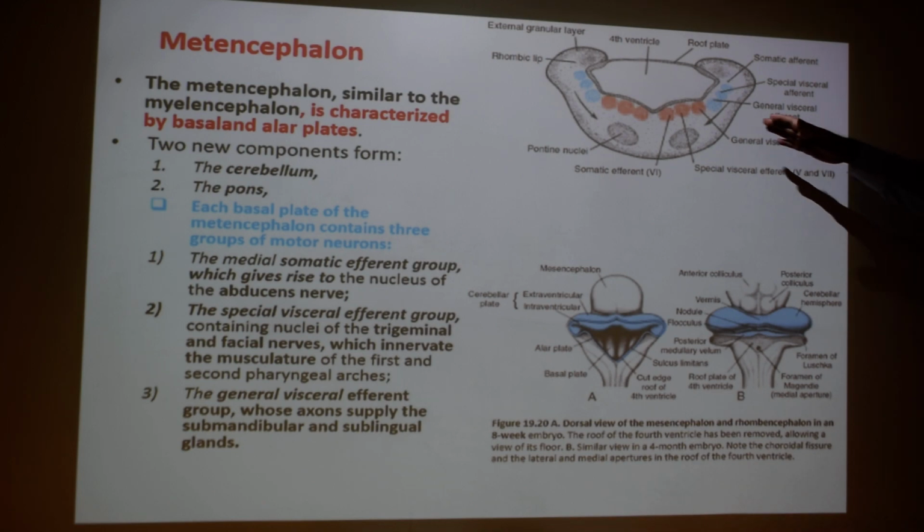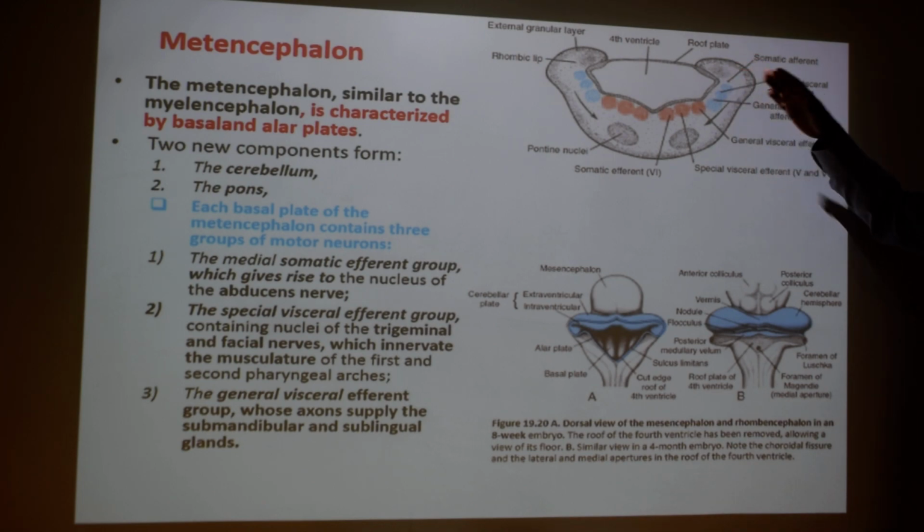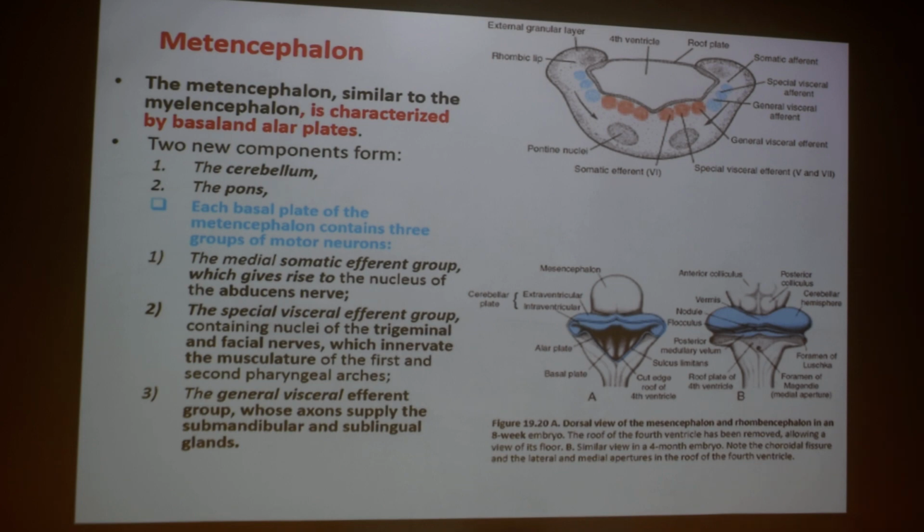And then you have the alar plate. Alar plate has the general visceral afferent, which is the pain and temperature to the tongue, then special visceral afferent, which is the taste sensation to the tongue, and then somatic afferent, which is the proprioception, two-point touch discrimination and vibration from the face, because there is the principal sensory nucleus of the trigeminal.